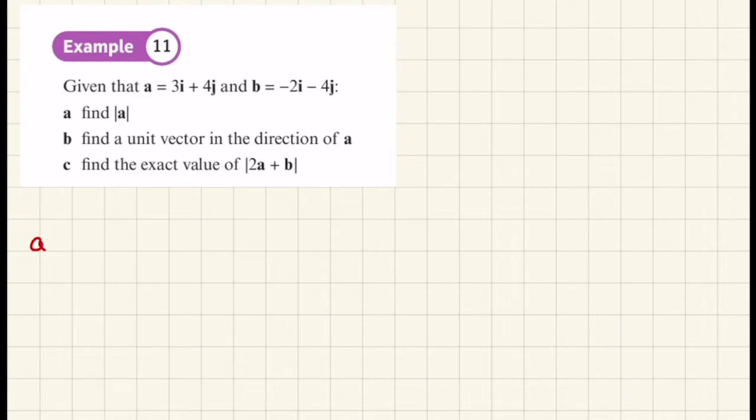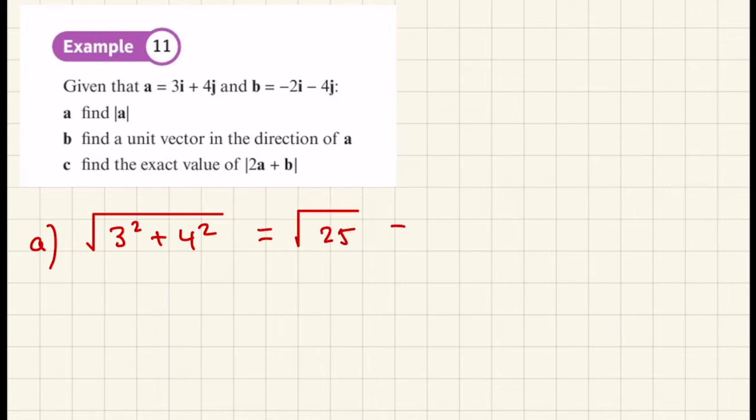So, for part A, the magnitude of A, well, 3i plus 4j is going 3 in the x direction and 4 up, so we can find it by doing the square root of 3 squared plus 4 squared, which would be the square root of 25, so it would have magnitude of 5.